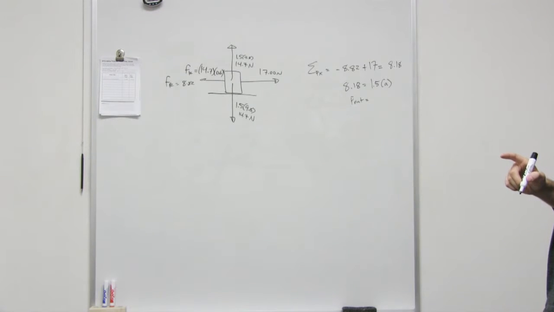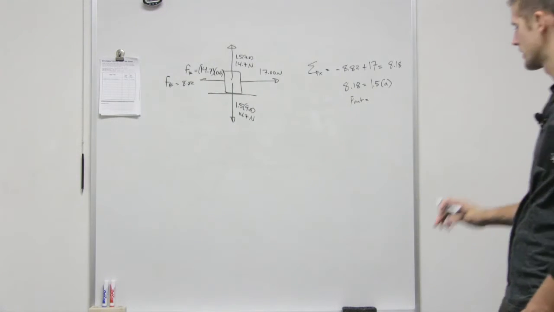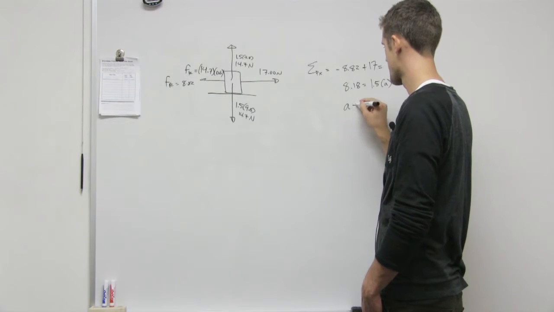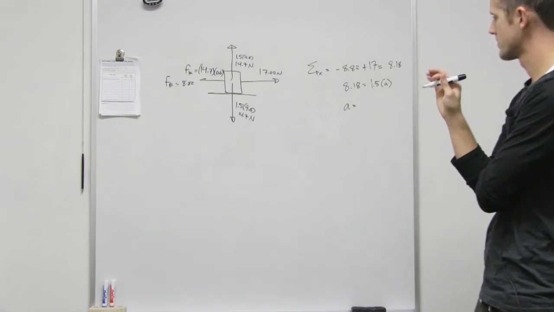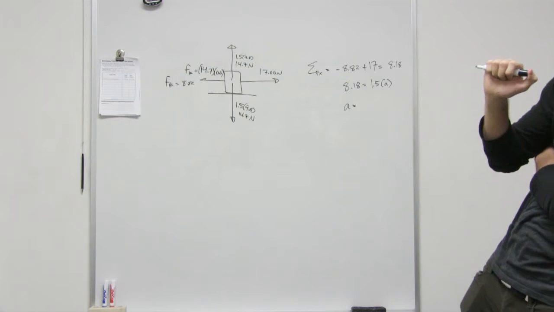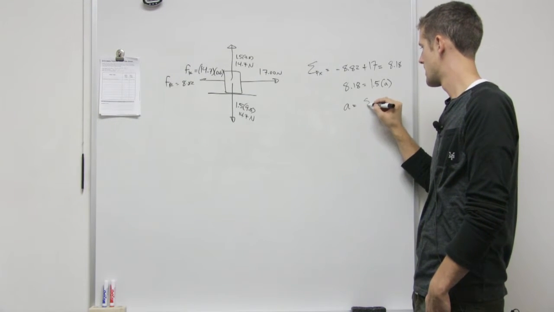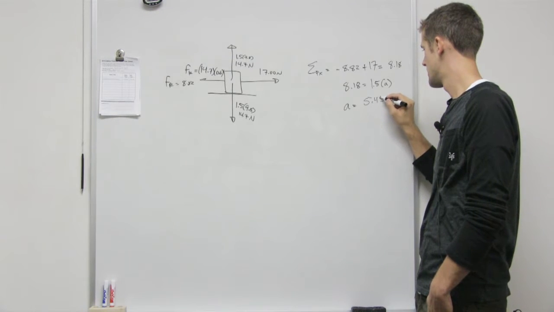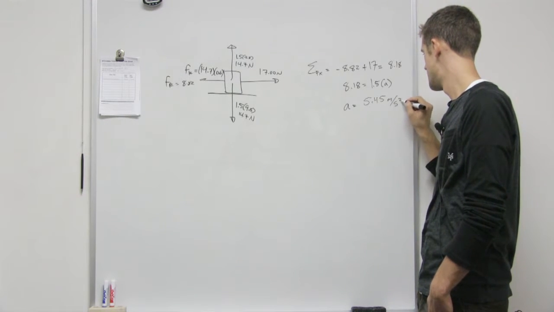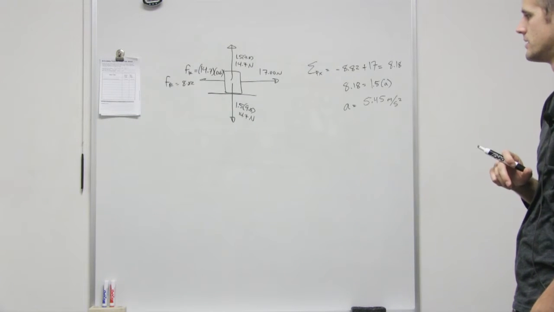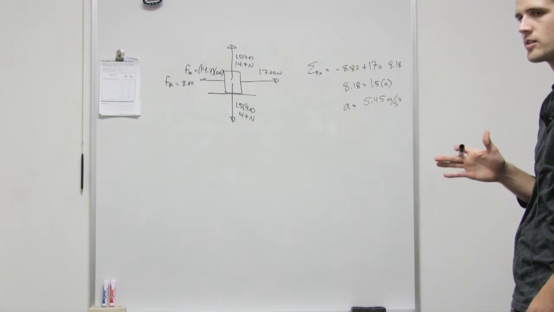Okay. So, it's 8.18 divided by 1.5, 5.45 meters per second squared. And then you want to find its final velocity, right?